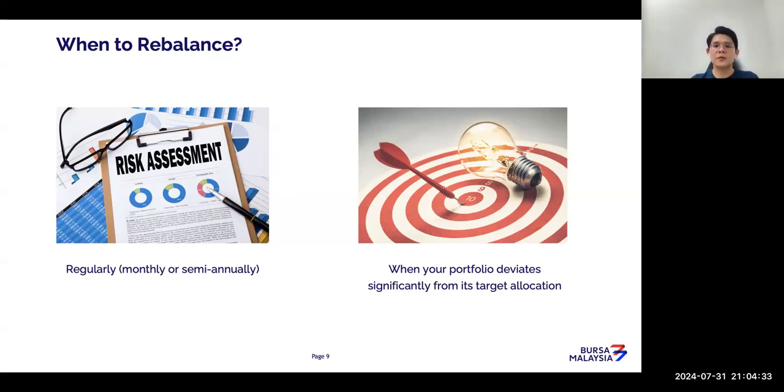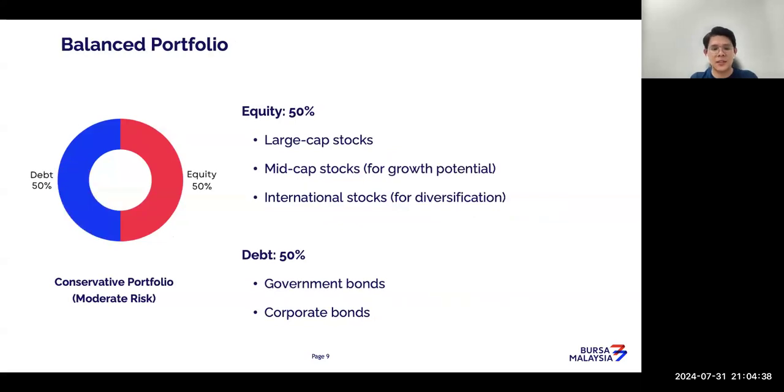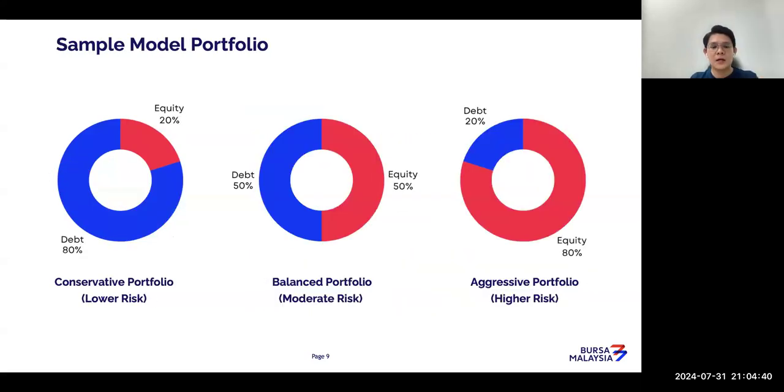So what we do is rebalance within the asset classes, like I said just now, all these three types of portfolio. If the stock market last year, the Malaysian market, was not doing really well, we reduce the allocation, maybe from 80% equities to 50%, or maybe 80% on bonds. From here you can enjoy a very stable income provided by the bonds.